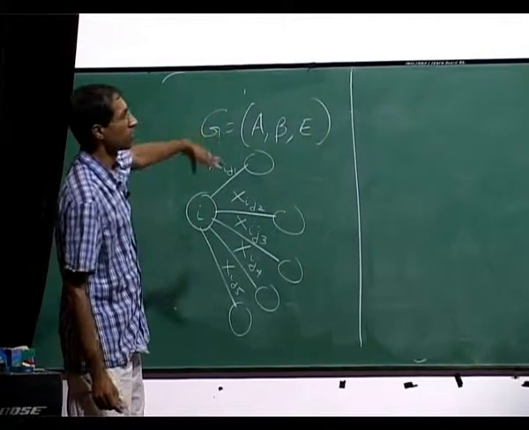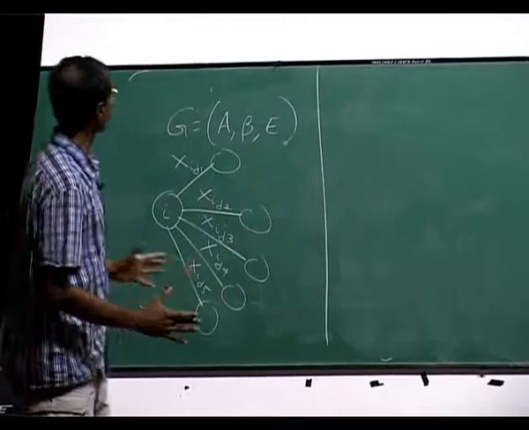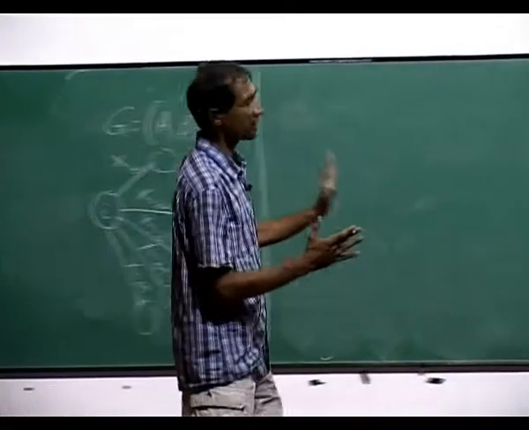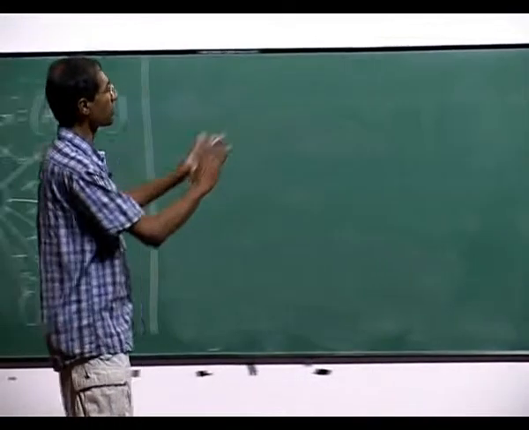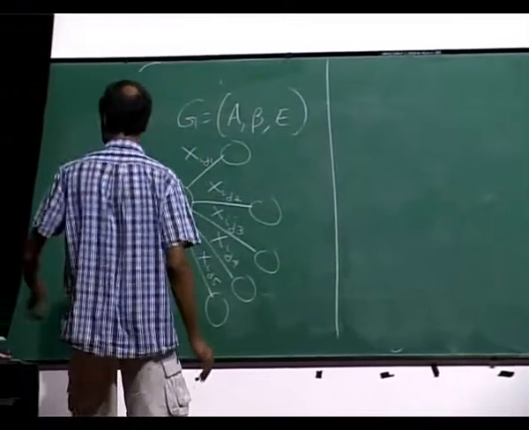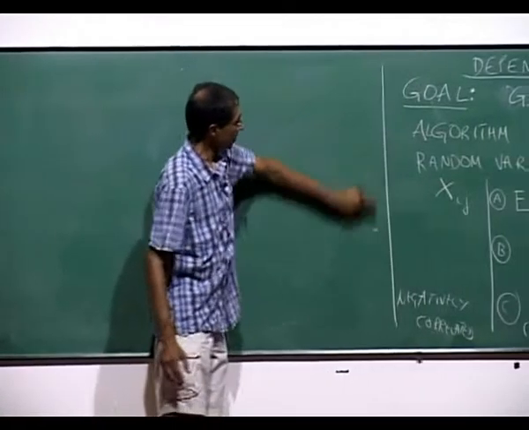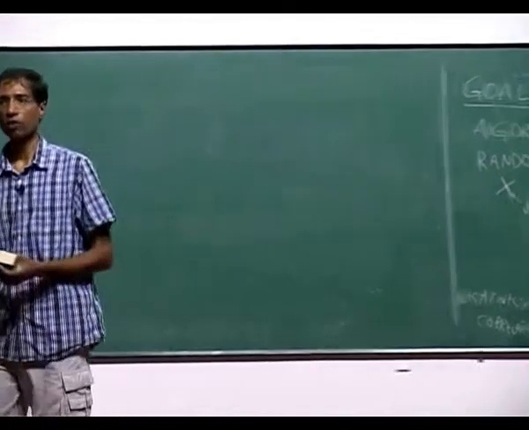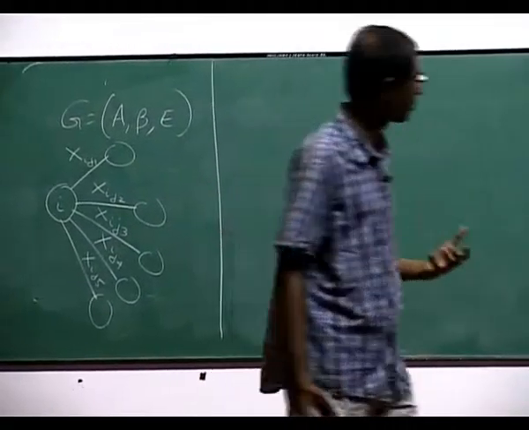At the outset, I had started defining this bipartite graph, and what we will be working with is the bipartite graph, but you don't have to worry about it. We will see at what point the bipartite assumption actually comes in. Is the setup clear again? We have a number between 0 and 1 associated with each edge.